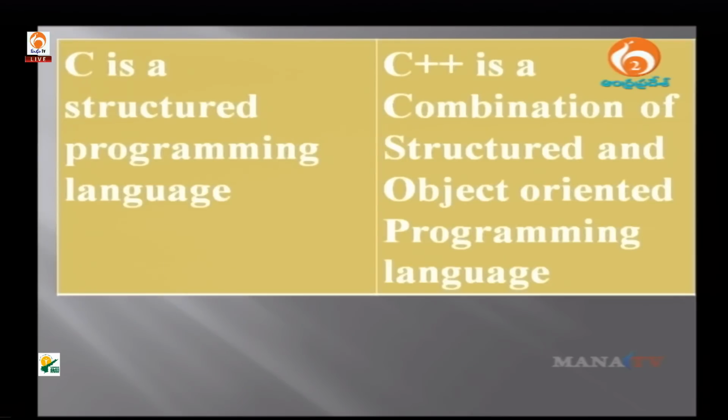C is a structured programming language, whereas C++ is a combination of structured as well as object oriented programming language. What is the meaning of this? In C we can write functions without classes and objects, whereas in C++ we can write functions without using classes and objects, and by using classes and objects also we can write.